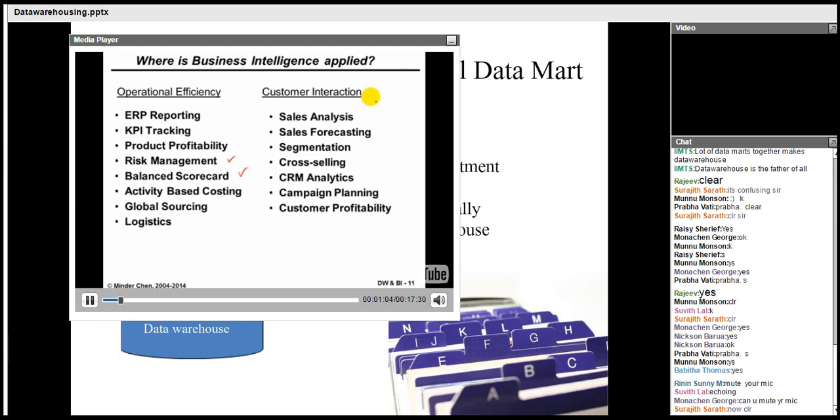On the customer interaction side, we use business intelligence quite a bit to conduct sales analysis, sales forecast, segmentation of the market, try to come up with cross-selling product, apply analytics to the CRM database, and analyzing our marketing campaign and analyzing profitability across various customer segmentation.